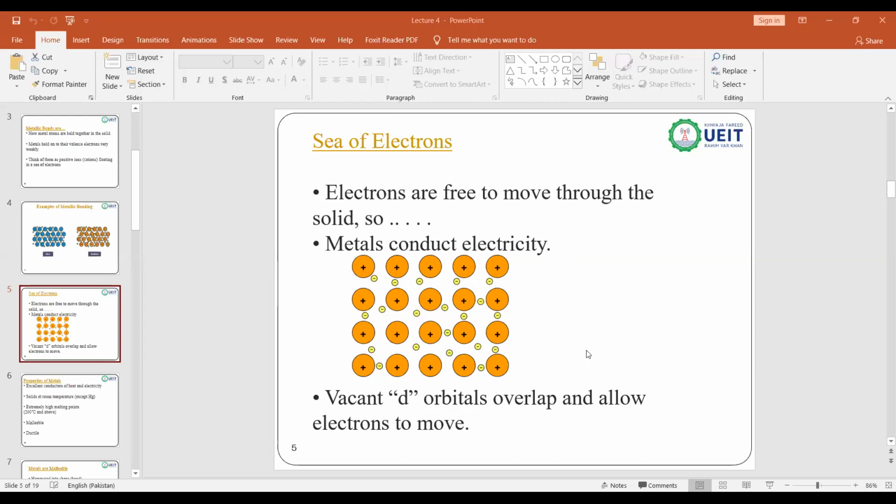As you see, most of the wires used in electricity, at the main poles, are made of zinc. So you can say that they can easily transfer electrons.